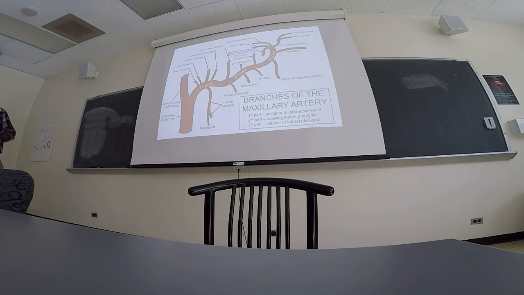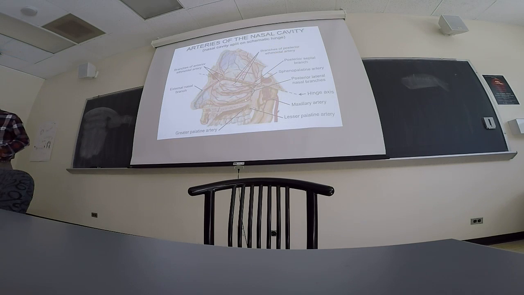Again, more of these branches of the maxillary, but the point is, the one that we saw a few minutes ago going into the nose is the sphenopalatine, but there's another branch here, which is the descending palatine, which is hitting more inferiorly. So here are the nasal branches that we talked about.